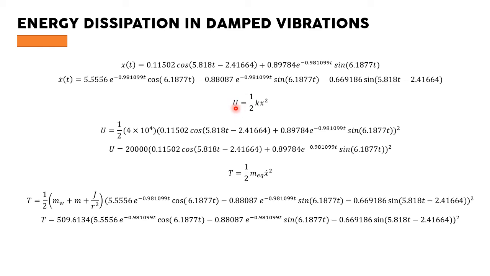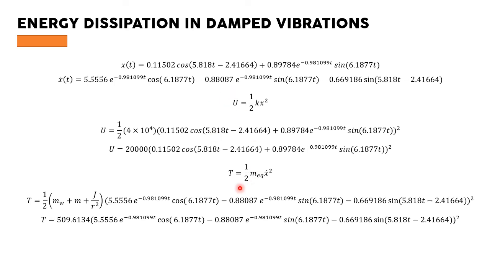Next, we have found the potential energy of the suspension system using the expression half k x squared, in which we have substituted x from this function, and k is from our previous slide, which was 4 exponent 4. So this gives an expression of potential energy in terms of t, which will be plotted in the next slides.